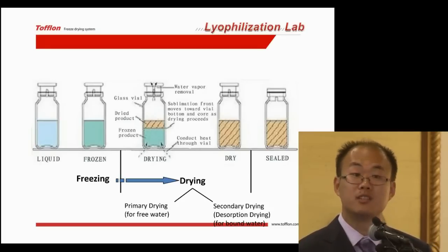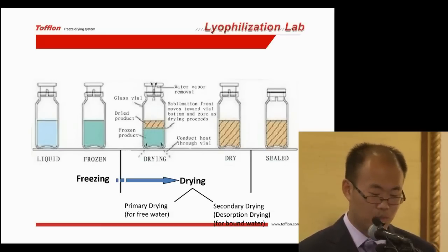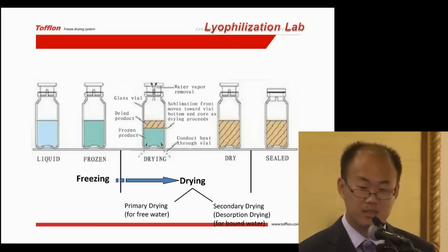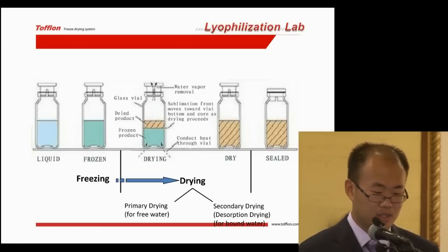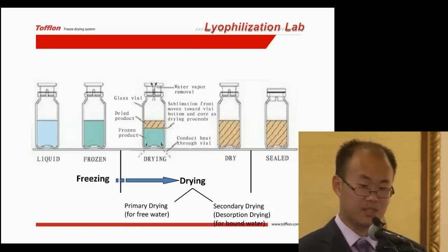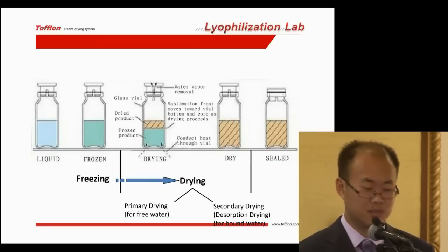The primary drying is used to remove the free water, and the secondary drying we use to remove the bound water. So the water exists in the product in 2 states. Now this picture shows the same thing as the last flash. After the freeze drying finishes, we seal the vials.